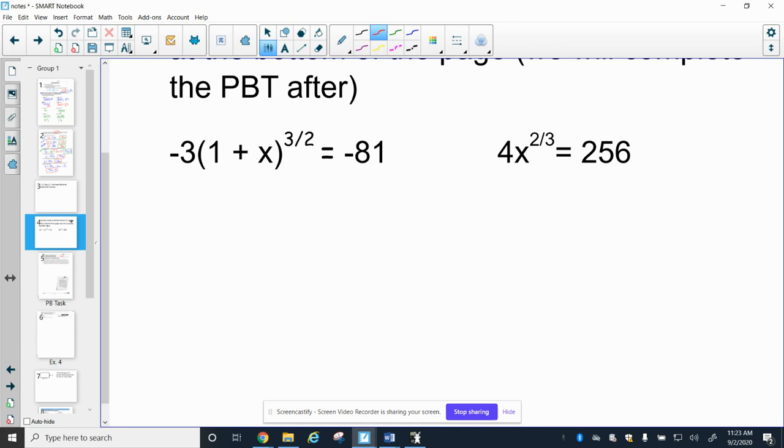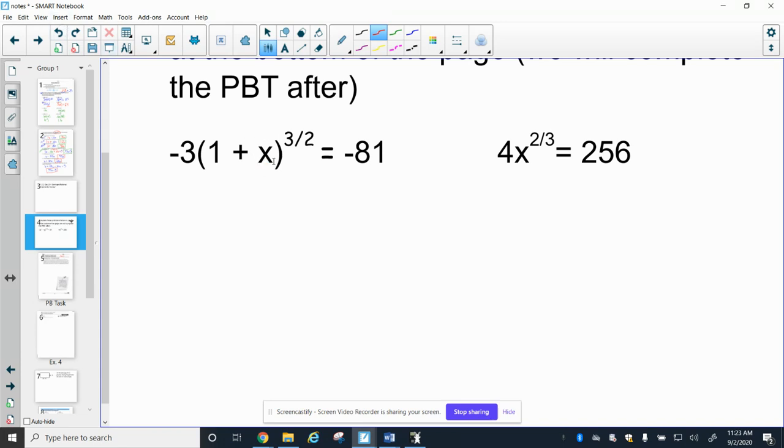So for solving with a rational exponent, like we have in this first problem, the biggest mistake I'm seeing is people are trying to distribute this -3 to both. You can't do that. There's a 3/2 power attached to this binomial here. Remember, our goal is to solve for x, to get x by itself.